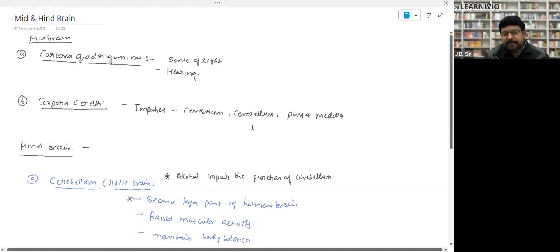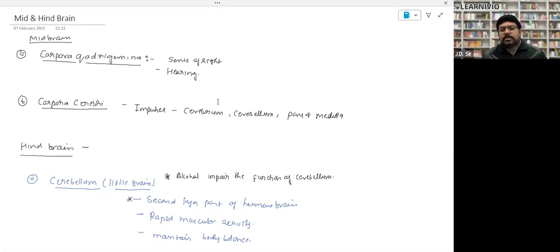So this is the function of the midbrain. Please write down. Then we will study the hindbrain. The main functions of our brain are controlled by the front brain and hindbrain. Midbrain is the smallest one and does not have too many functions.